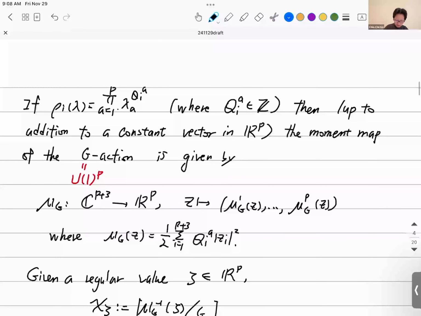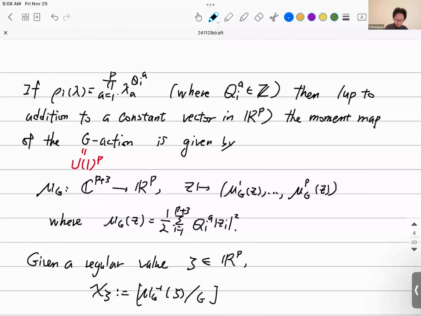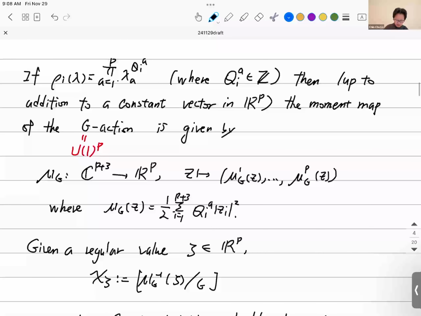Very explicit. If we suppose that we have a regular value, then in the best case, the compact torus G acts freely on the pre-image of this regular value, and you just get a Kähler manifold, and the Kähler structure depends on this zeta in R^p.